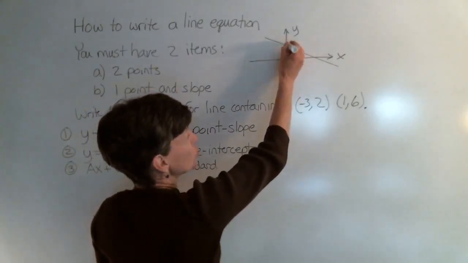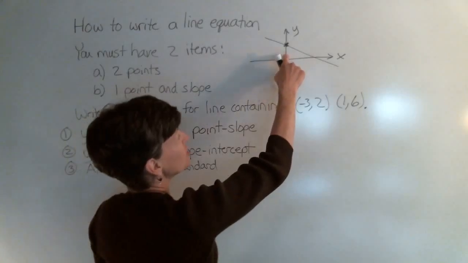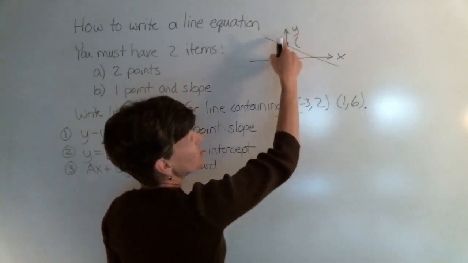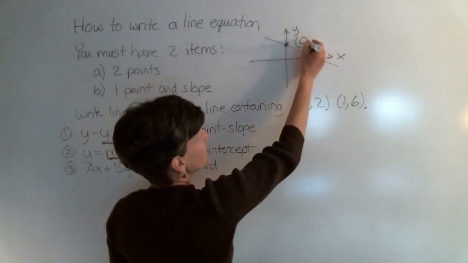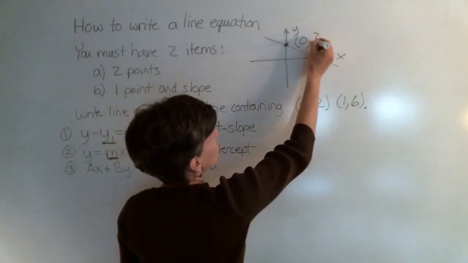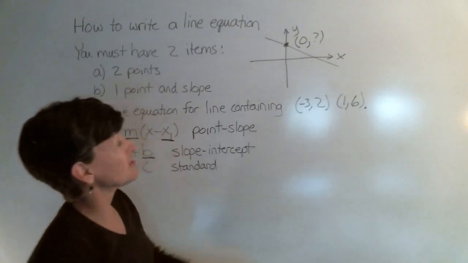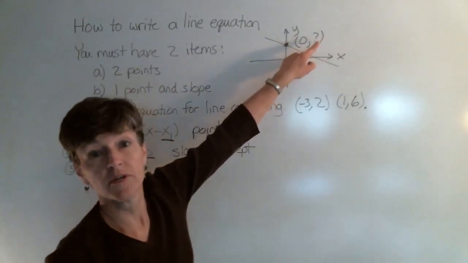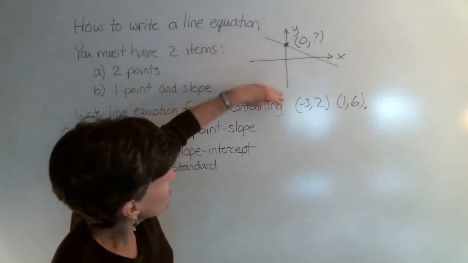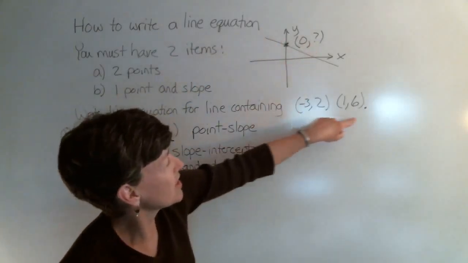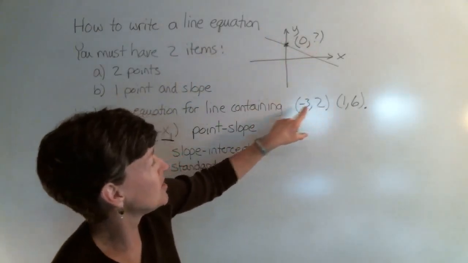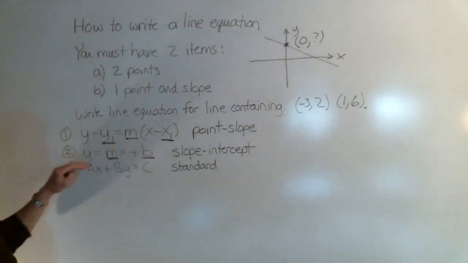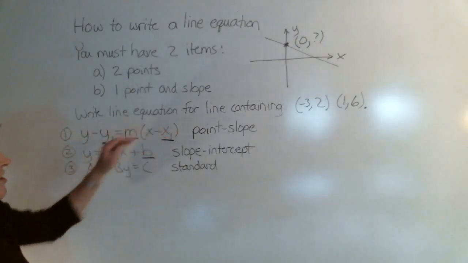I may not know what that y value is, but I know that the x value of that point is 0. So that point is going to have a coordinate that looks like 0 something. Y-intercepts always look like this. Well, I don't have a point with 0 for x, so I don't have the y-intercept. So it doesn't really make good sense to start here. I'm going to start here.